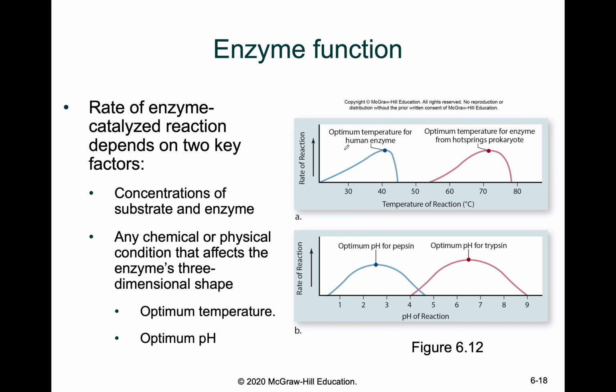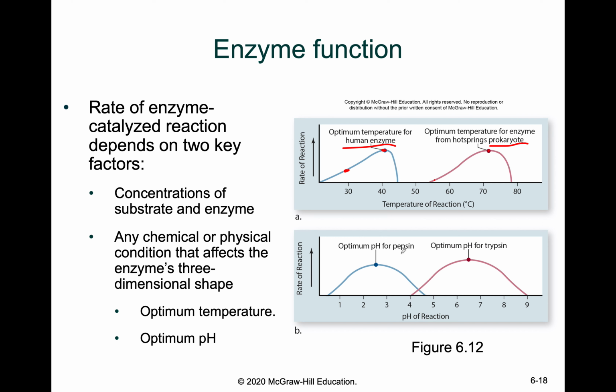If we look at this human enzyme, for example, activity at 30 degrees Celsius is much slower than activity at, let's say, 41 degrees, right? If we look at a hot springs prokaryote, right, it's sitting in hot springs thermal water, we expect its activity to be optimal at those high temperatures, and sure enough, that's what we see. At 55 degrees, activity is pretty low. At 72 degrees, it's pretty high.